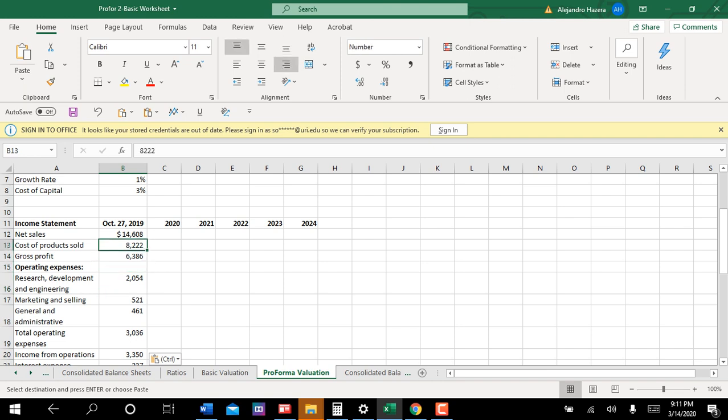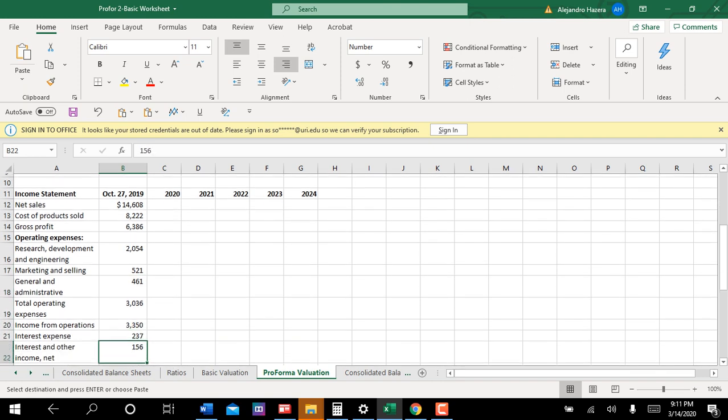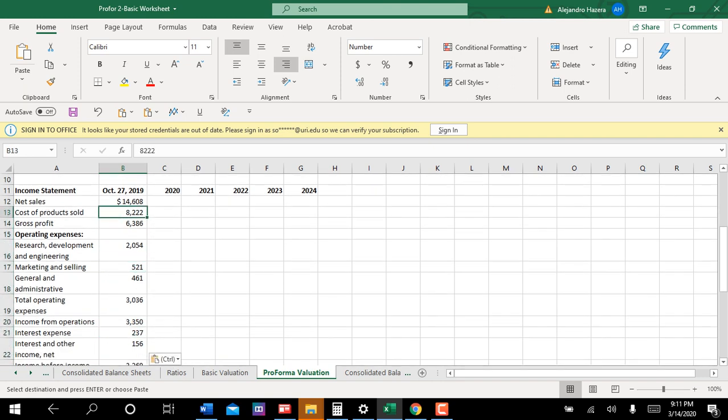So for virtually all the items here on the income statement, we're going to measure everything, all the expenses, cost of goods sold, and all the subtotals, such as gross profit, as a percentage of sales. And once we've got those percentages, they are going to be used for projecting all these numbers out.